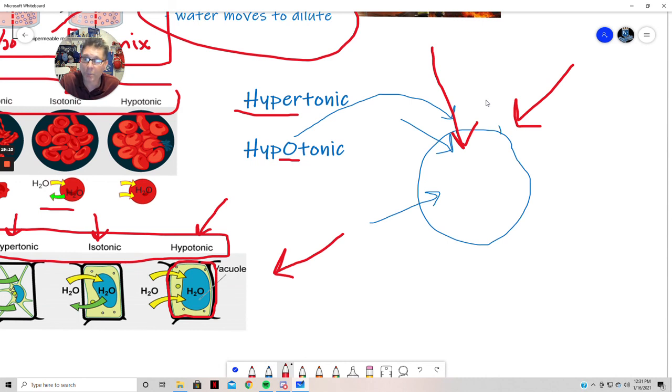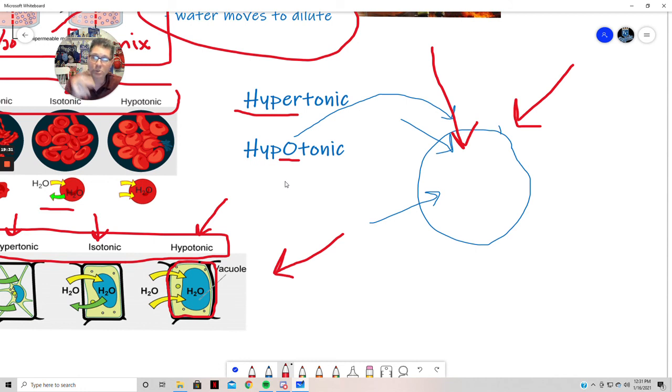So hypotonic, the water goes into the pond, into the pool. Hypotonic, the water goes into the cell.